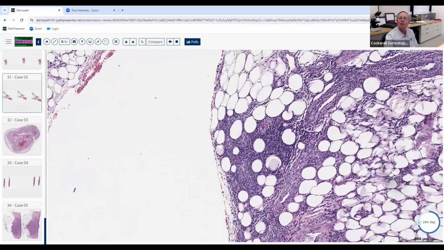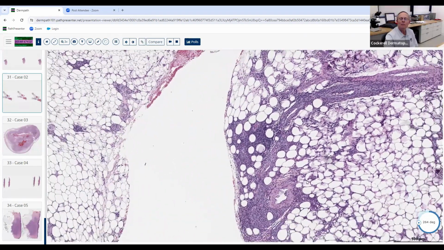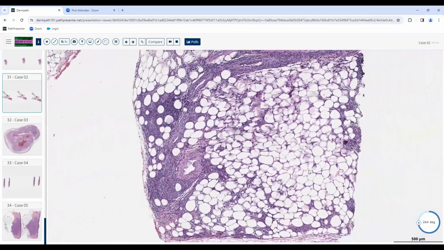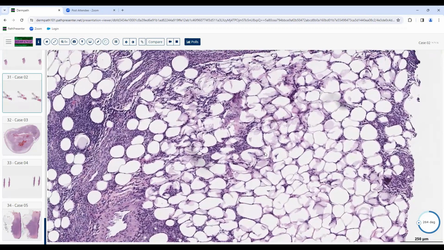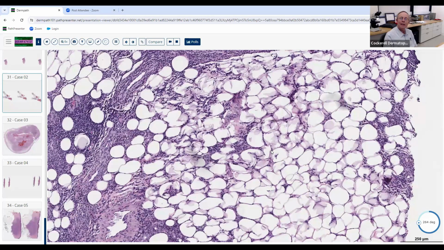What else do we ask ourselves when we're looking at a panniculitis? Do you need to call a friend? I was going to say if there's necrosis going on, but no. That is something to look at.